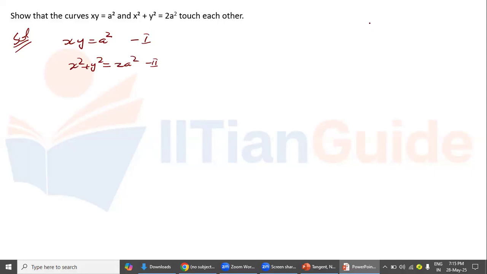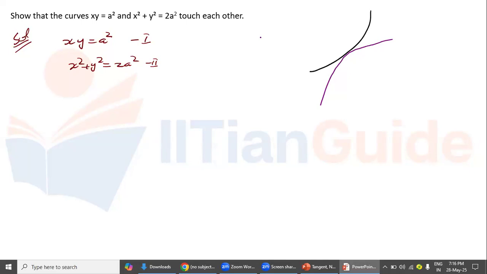Suppose we have a curve here, y is equal to f(x) of any curve, and we have another curve, and if they are touching, that means they will have a single point of intersection that we can see. This way we can use coordinate geometry. Just solve them simultaneously, get only one point of intersection.